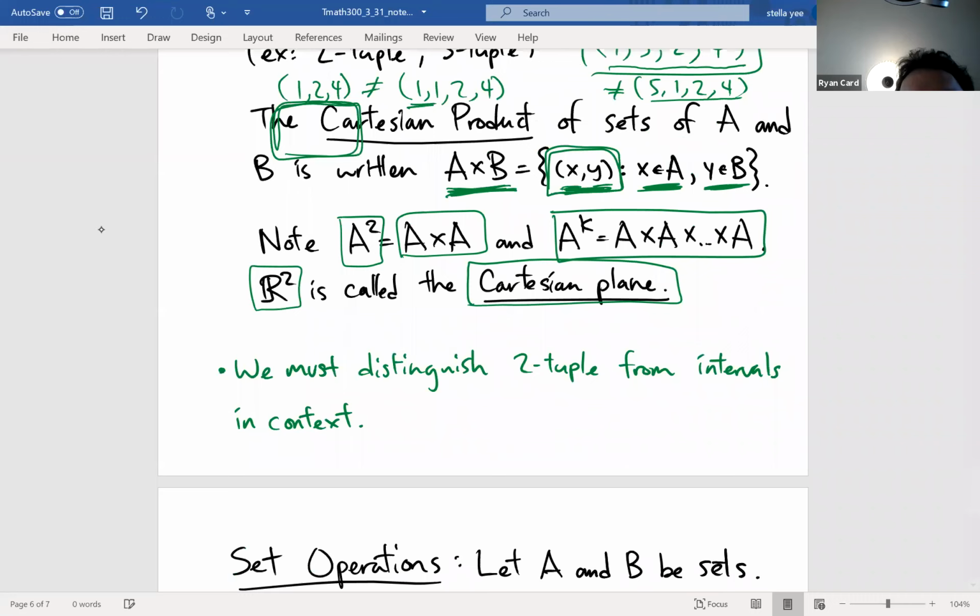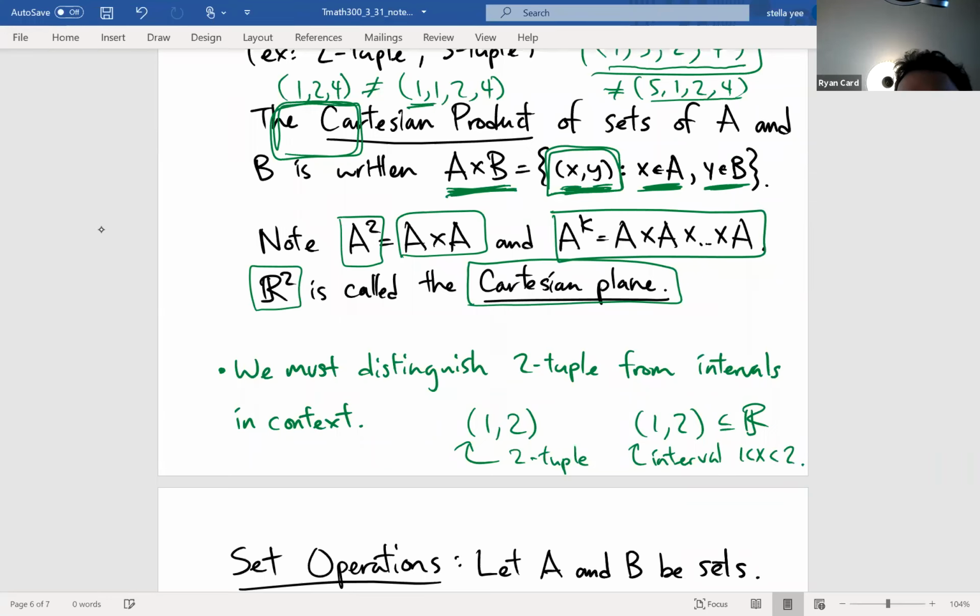But if I write (1, 2) with rounded parentheses, this could mean a 2-tuple, or it could also mean an interval, a subset of real numbers, where it's all the numbers between 1 and 2.